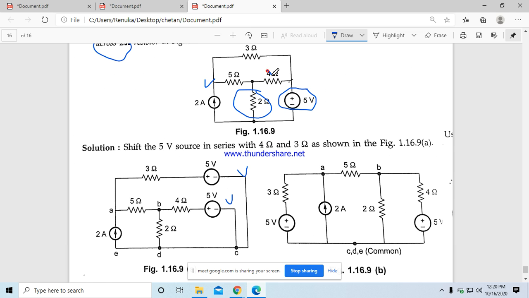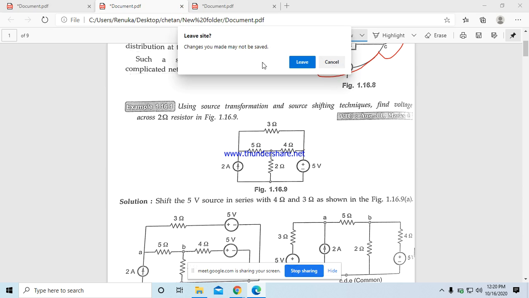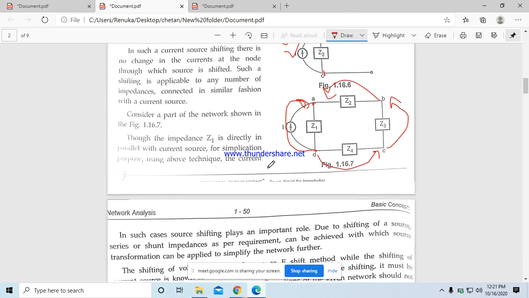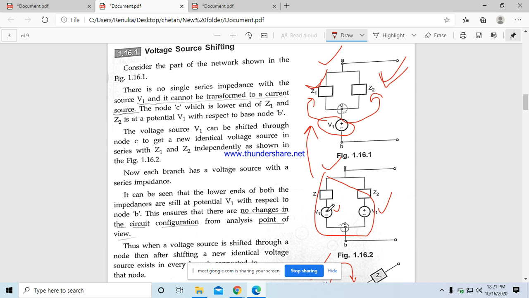Just now in the previous concept we have seen, if you have a voltage source like this, you can shift this voltage source and make V1 available with Z1 and Z2. Instead of drawing like this, you can draw Z1 in series with V1, and Z2 in series with this V1.